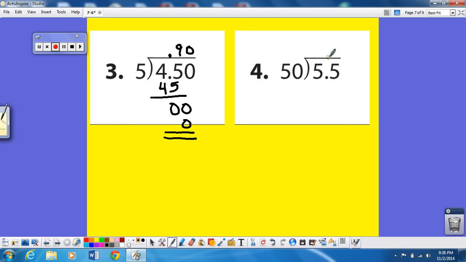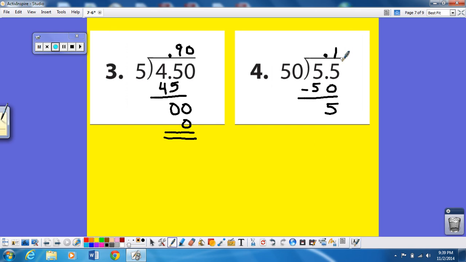If you look here, bring that baby up first thing. 50 does not go into 5, but 50 goes into 55 one time. 1 times 50 is 50. Subtract. There's nothing to bring down here, but we have learned that with decimal division, we cannot say remainder 5.